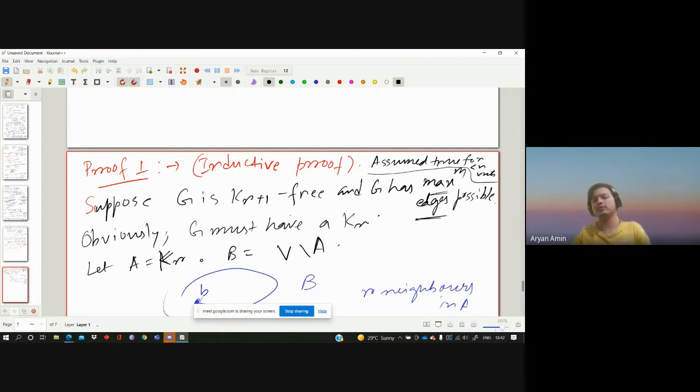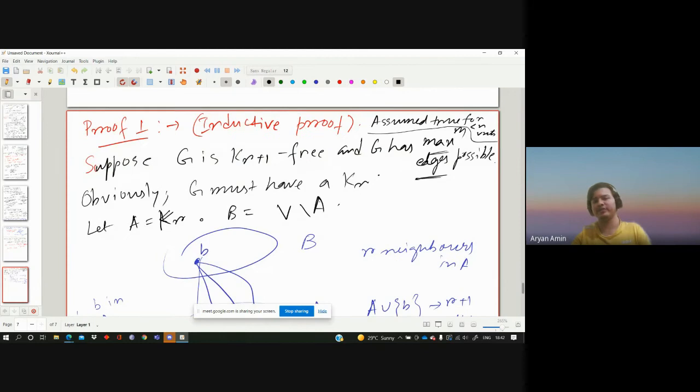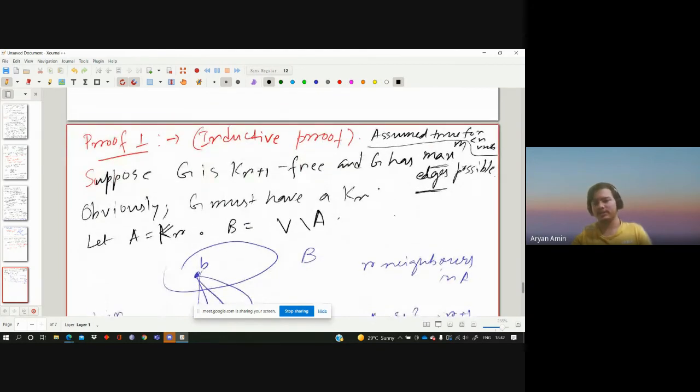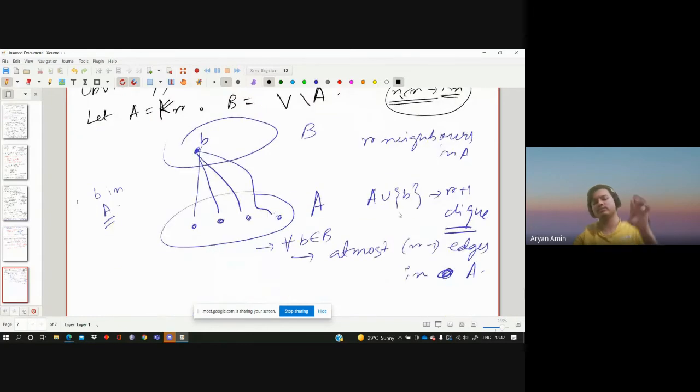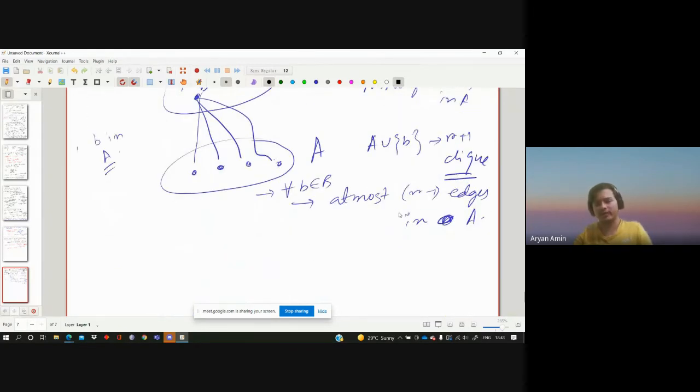Also, I forgot to mention, there's a trivial case where n is at most r, because that is just a K_n, right? So whatever we are proving is for n greater than r, because that's the non-trivial case. If n is at most r, then you can just take the complete graph on n vertices and you would be fine.